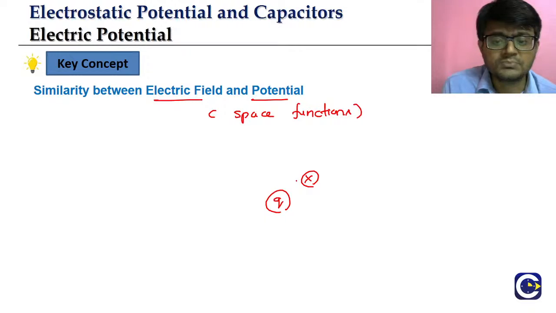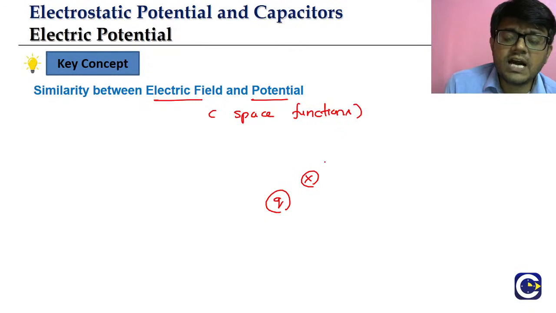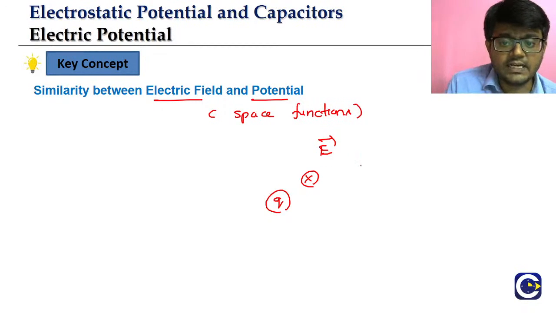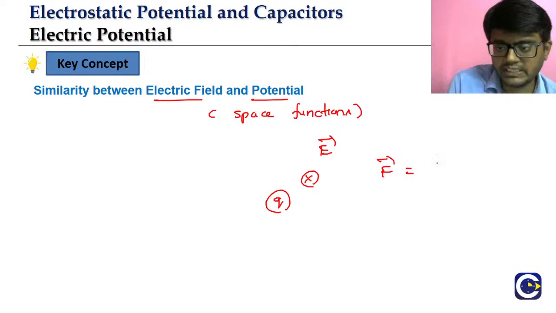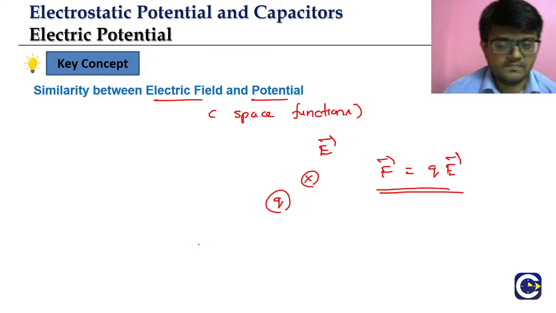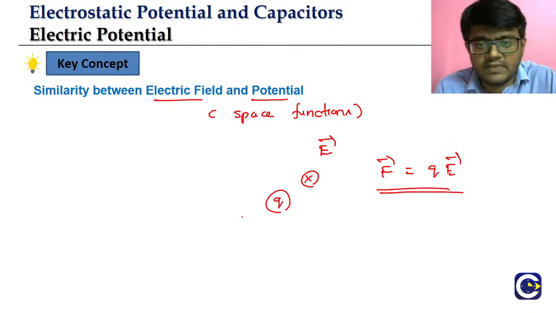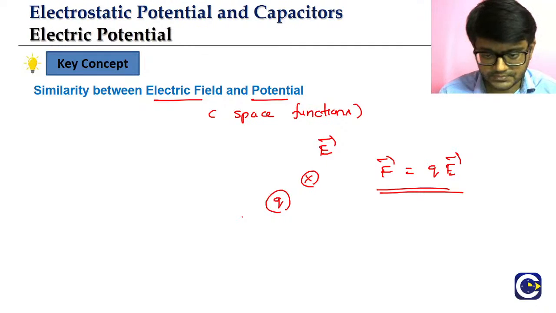Now, the similarity: if you look at a charge q placed at a location, then this charge will interact with the electric field at that location, and that interaction will give rise to what? The electrostatic force. What is the force acting on the charged particle? Q times E. So the interaction between the charge and the field gives rise to electrostatic force.